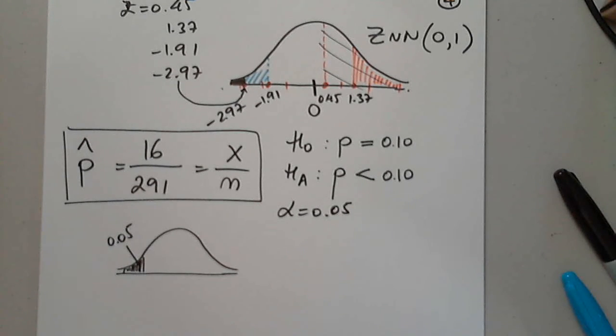16 out of 291. It already says to use the normal distribution, so we don't have to test the conditions of the test, because if you remember, there are three conditions. The proportion is less than 0.1, so we have to get a p-value. We have p hat, everything is in here, so the z statistic is this.